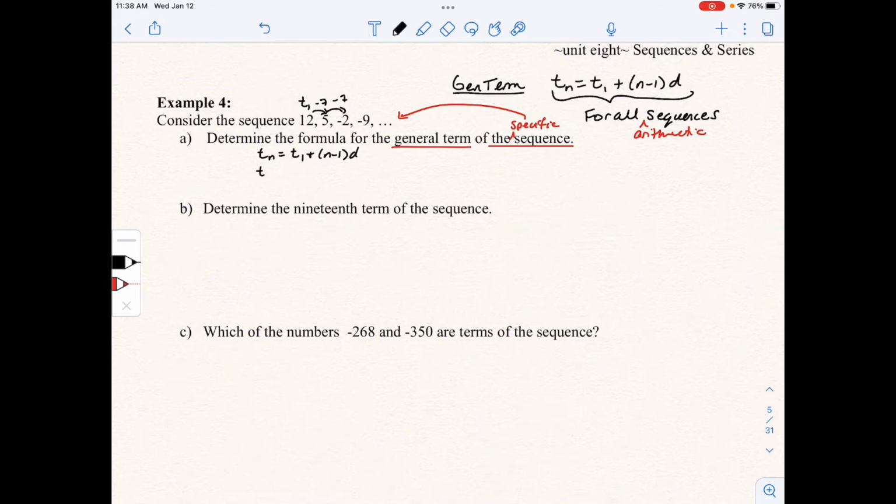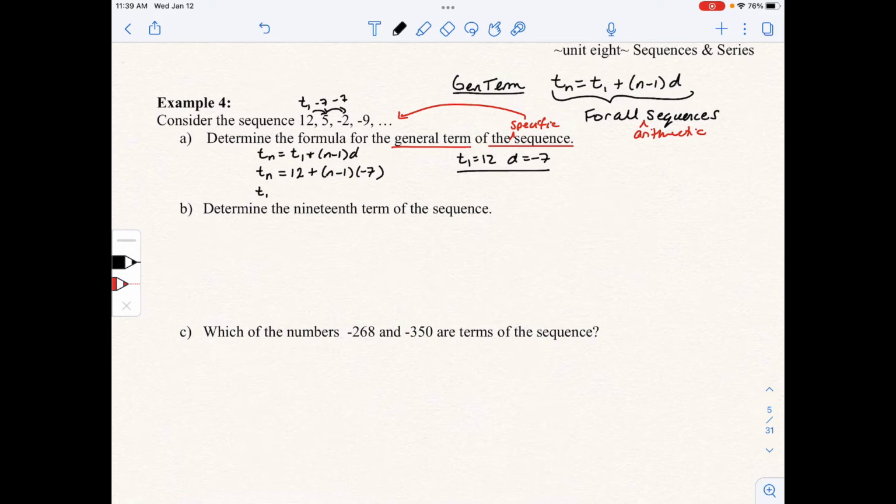So whatever term number I want, my first term is 12, and then I've got n minus 1 times a negative 7 for my difference. And then what we can do is simplify, okay? So we fill in T1 and our difference of negative 7, and then we simplify. And then we've got a specific formula that's a little bit more simplified for this particular sequence.